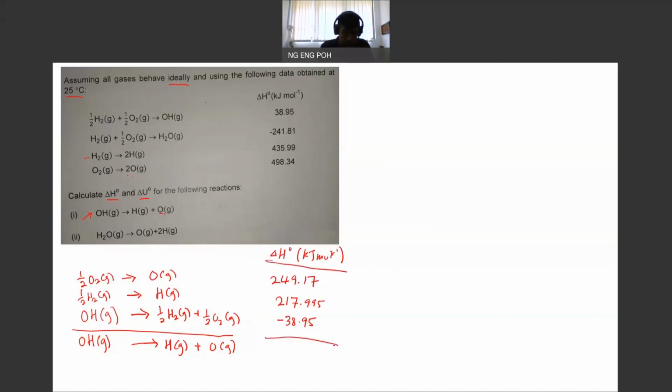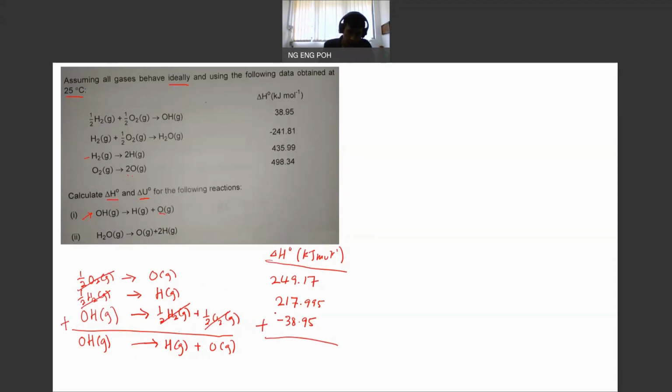Now, the most important step is to see whether this is balanced or not. You cancel off the half H2 with half H2, and half O2 gas with half O2 gas. So you are left with only OH gas, O gas, and H gas. That means this equation is correct.